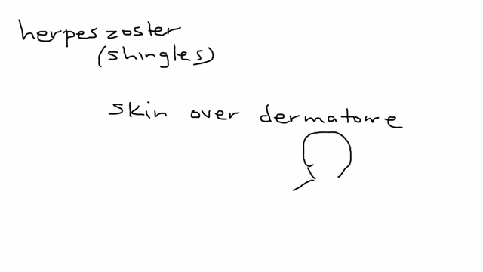If you have somebody's back, let's say, a dermatome is an area of the skin that kind of represents a band or stripe across. So this would be one dermatome, this would be another dermatome. So the rash, if it affects a dermatome, it'll kind of look like that. It'll be a band-like rash across the body, either the back or the chest.